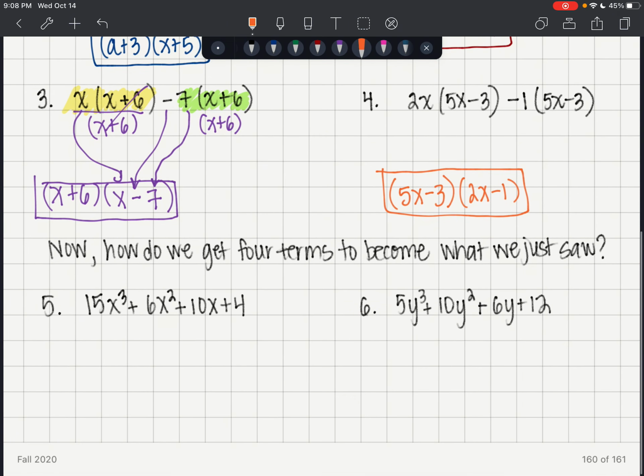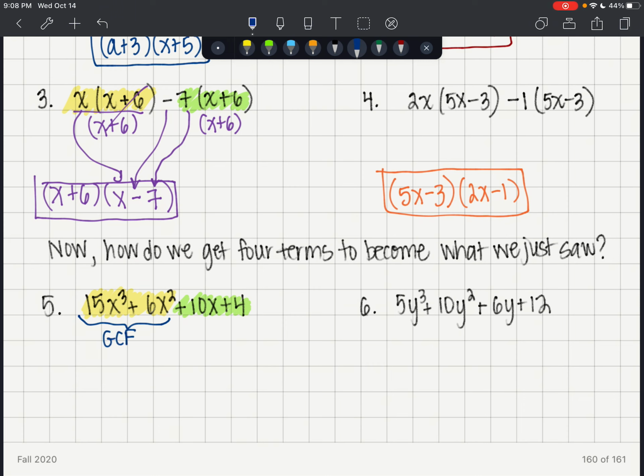Now, how do we get to do this with 4 terms to become what we just saw? We're going to use highlighters again. Highlight the first 2 terms. Highlight the last 2 terms. Then we're going to look for the greatest common factor from the first 2 terms.